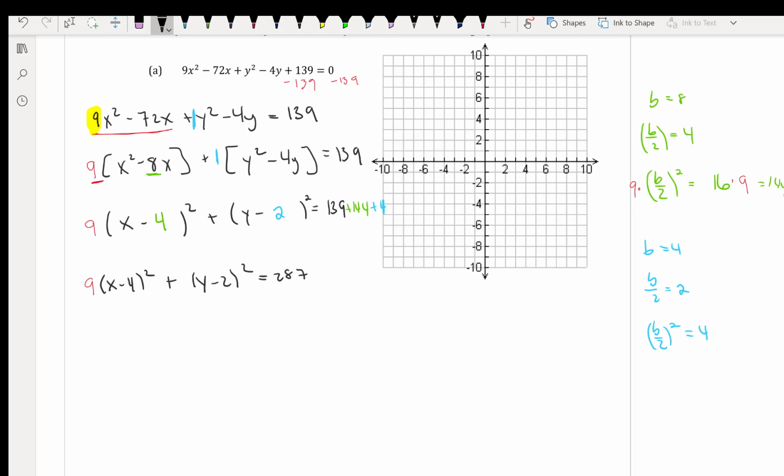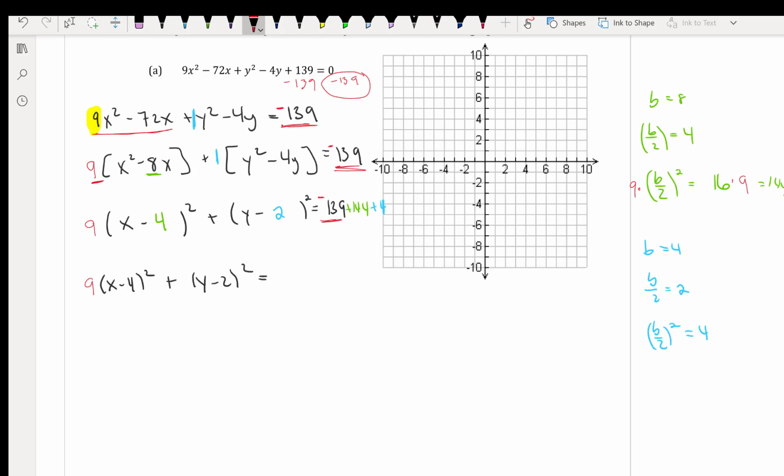Oh, and I noticed I did something wrong, but this is why we like to check our work. And I wrote all my steps down. This is a negative 139. So that should be a negative 139. So notice how I'm making sure that this is negative 139.